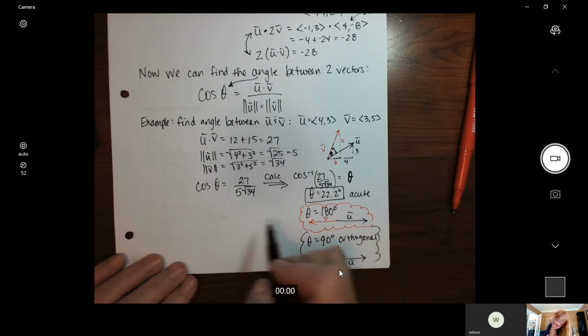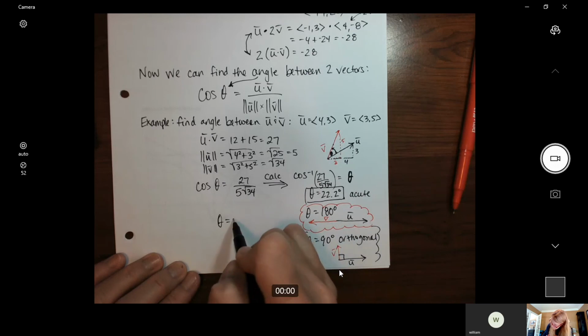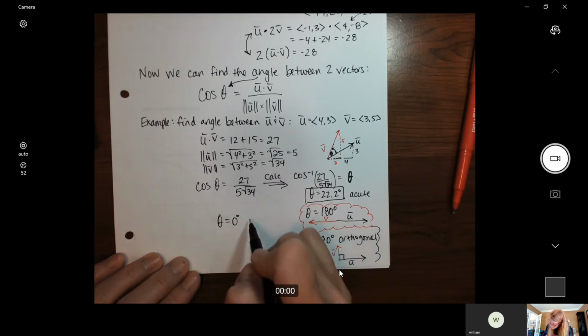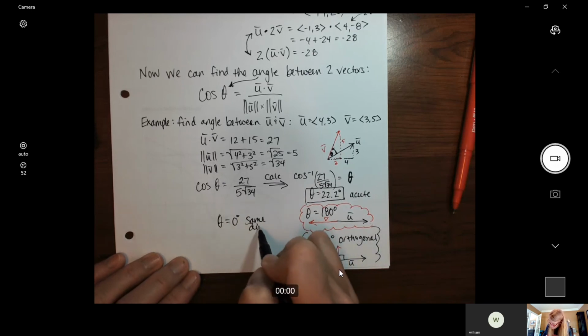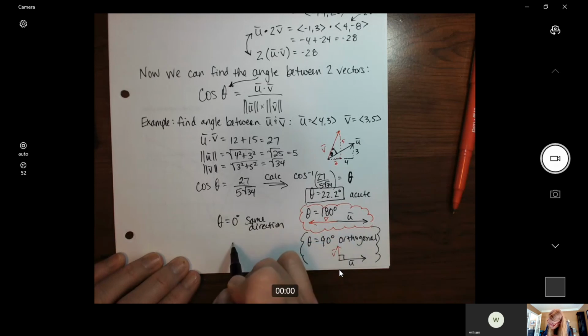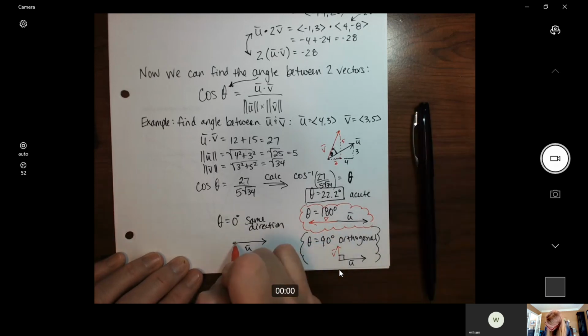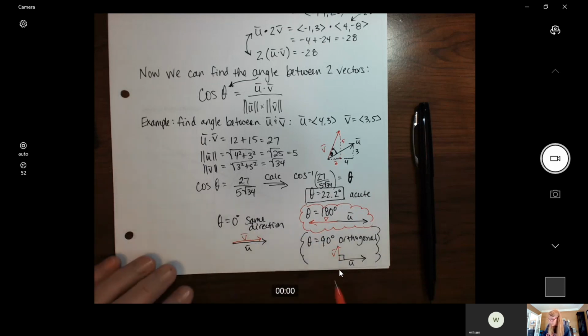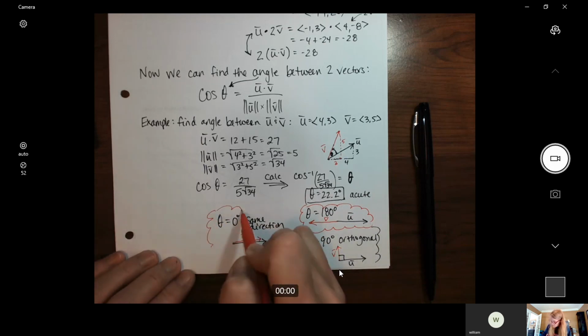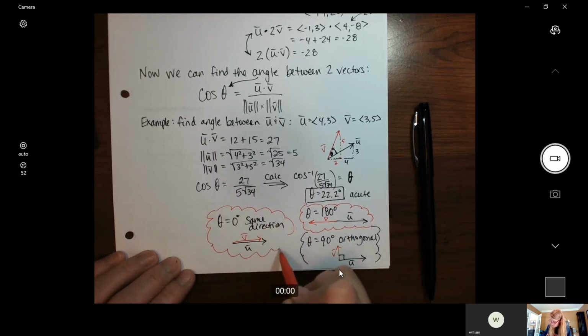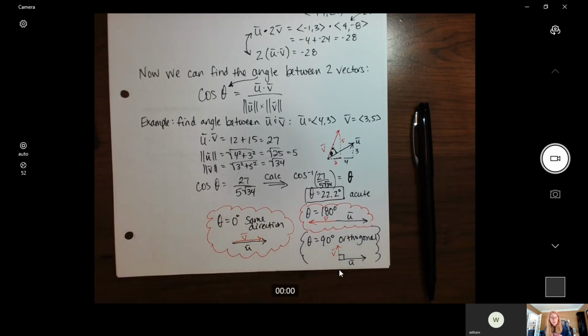And then the last option is if theta is equal to 0 degrees, then they are in the same direction. So if this is U, then V is in the same direction. So those are some options when you get your theta value to know what your vectors are in relation to each other. Are they orthogonal? Are they in the same direction?